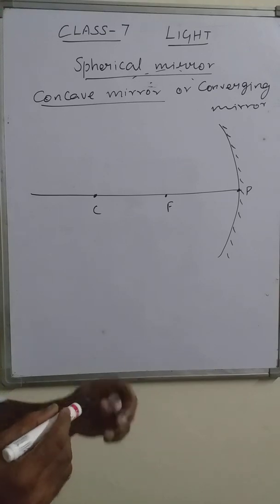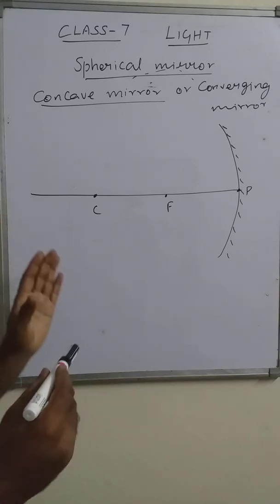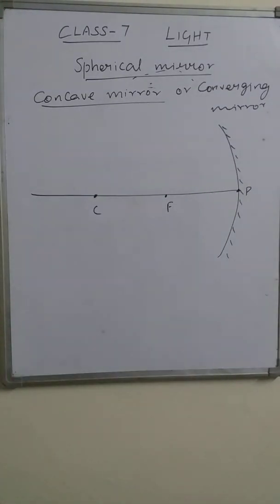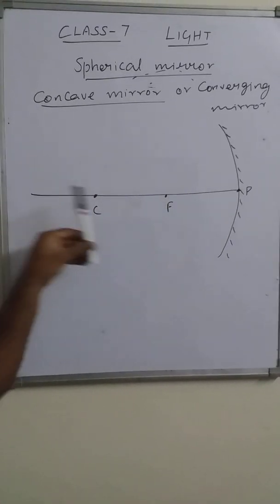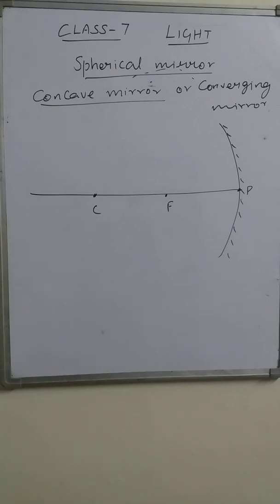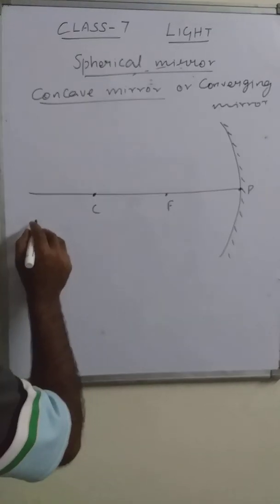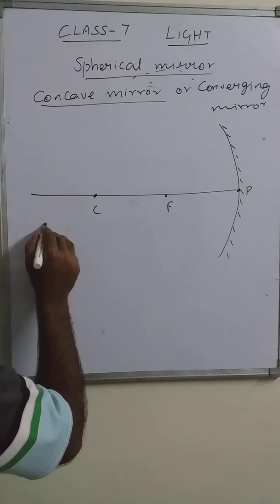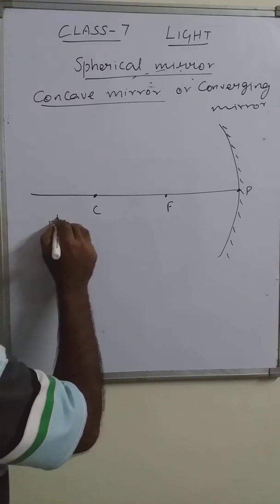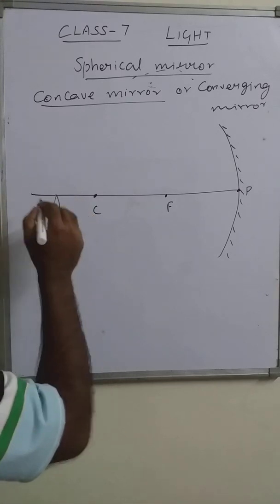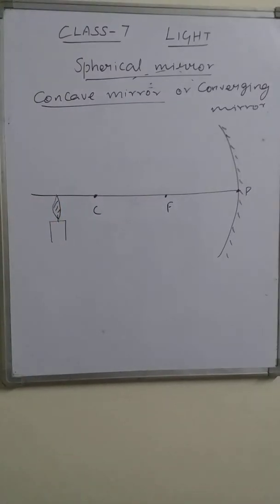Now if we take a lighted candle, the lighted candle is placed in front of this concave mirror, right? Suppose this is the lighted candle, placed at this position, the flame of the candle.